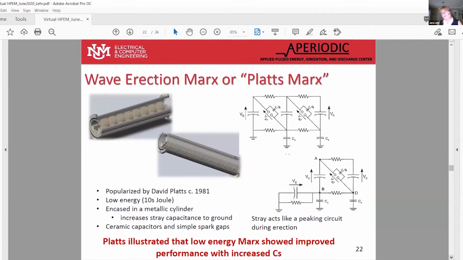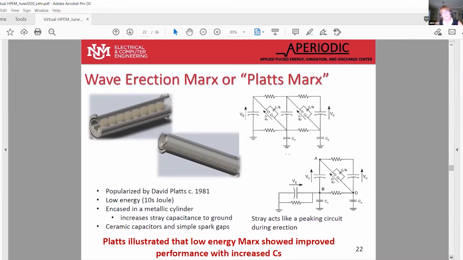The Marx that we're specifically interested in right now is what's known as a wave erection Marx, or we call it a Platz Marx. It was Dave Platz in the 80s who wrote a series of papers that were just really exciting. He was the first to start making these little self-contained, really cute low-energy Marxes.